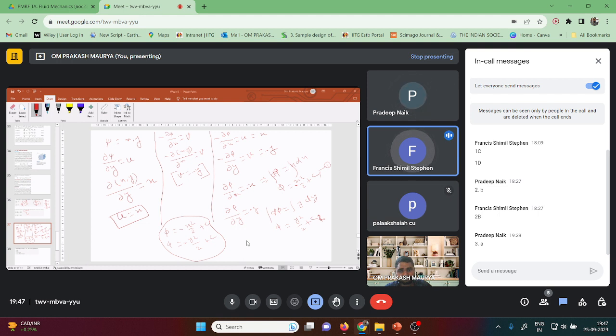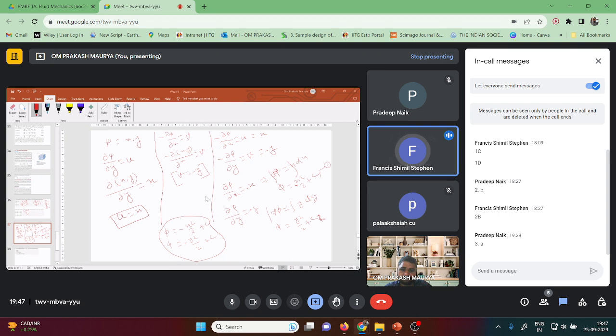So is the dou phi by dou x negative? Actually, the dou phi by dou x is positive, isn't it? Is it actually negative? Potential function differential, is it negative? No, no. What are you telling? If you go with this concept, did we make a mistake somewhere, or what are you telling? I have a doubt about that formula, dou phi, the potential function with respect to x. Is it actually positive?